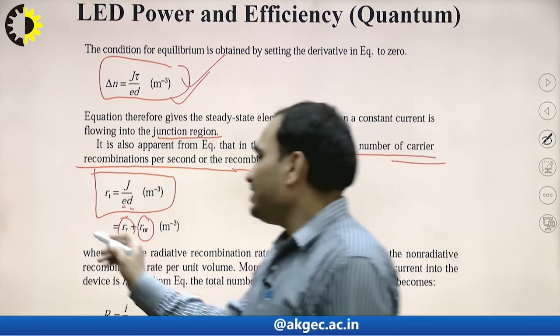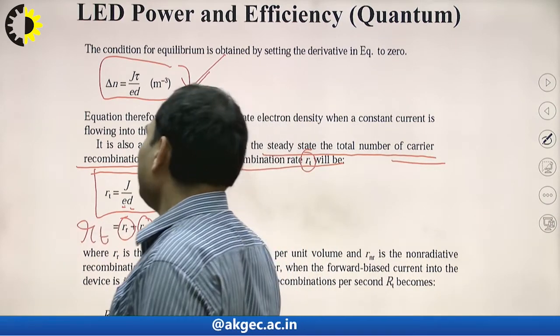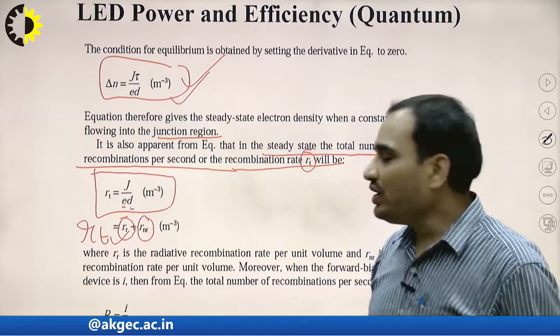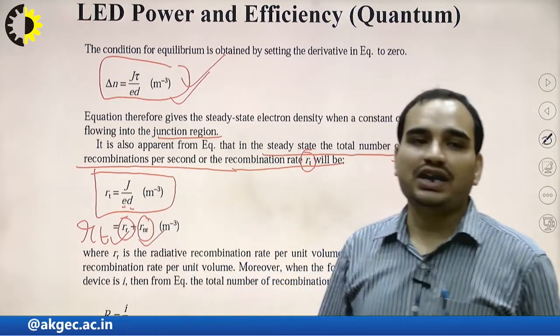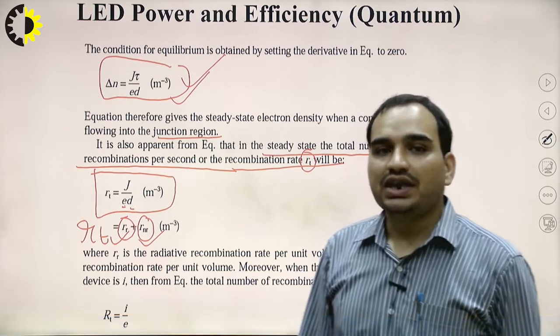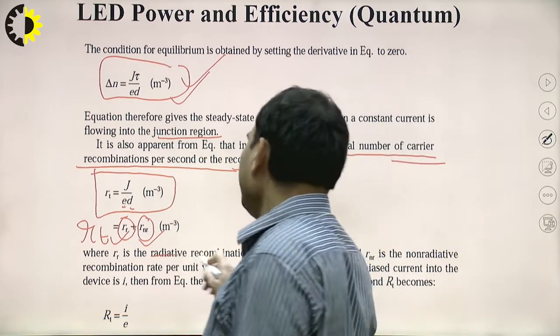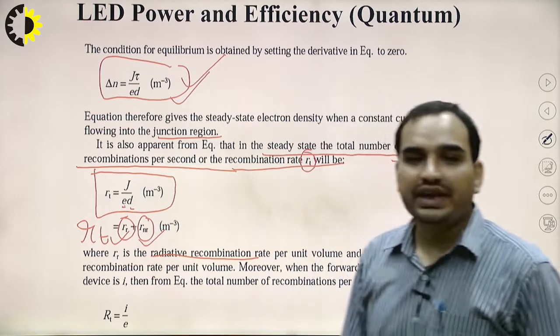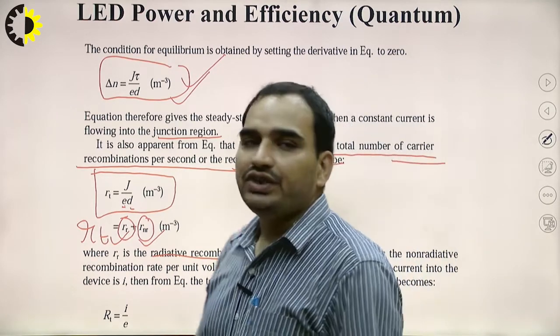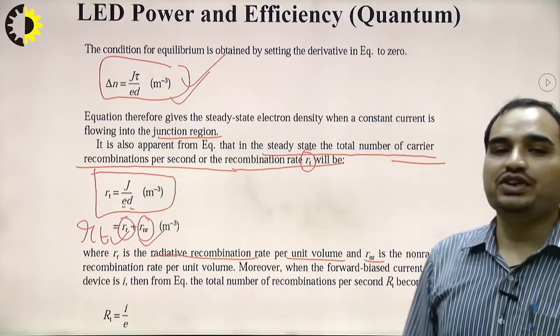So we can write that the total recombination is nothing but the radiative recombination R_R and the non-radiative recombination R_NR per cubic meter, where R_T and R_R is the radiative recombination rate per unit volume, and R_NR is the non-radiative recombination rate per unit volume.